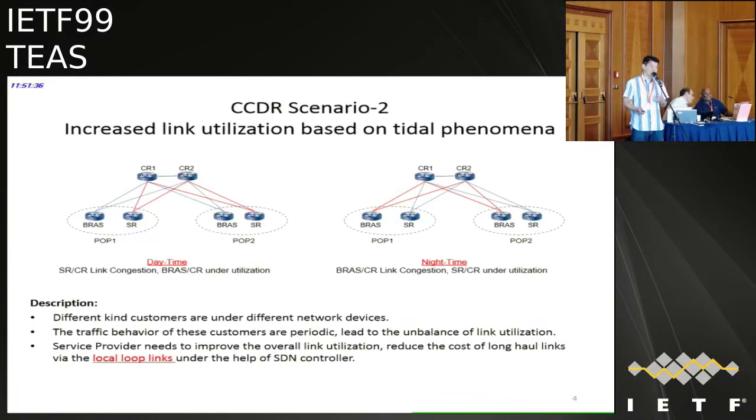So if we can build some local link between BRAS and SR, we want to use CCDR to steer the traffic at daytime from SR to BRAS, and at nighttime we can steer traffic from BRAS to SR. So we can use their uplinks more efficiently. And this is the second scenario.